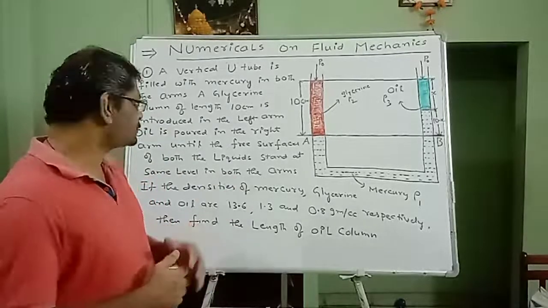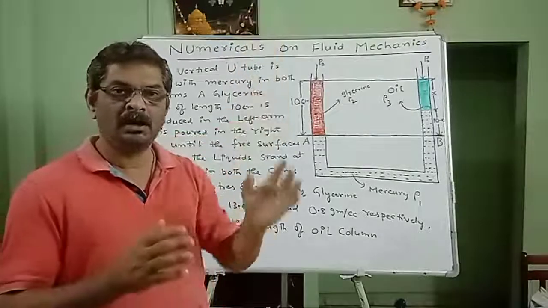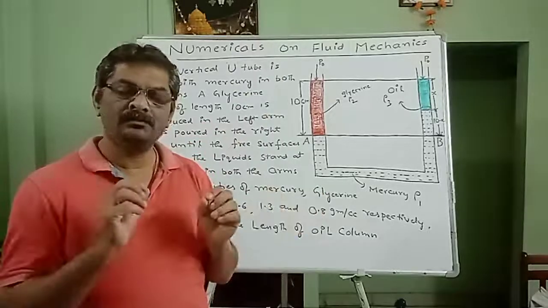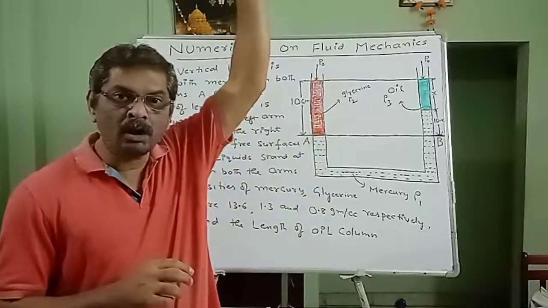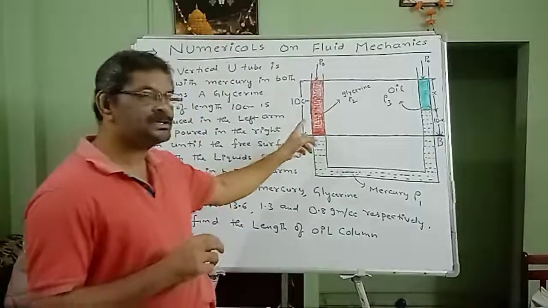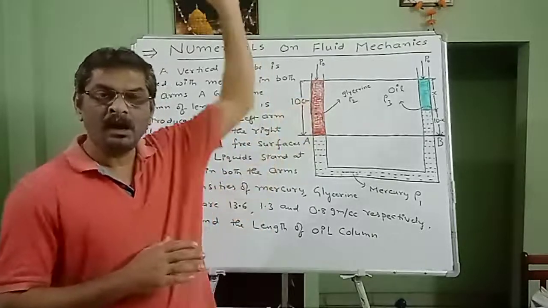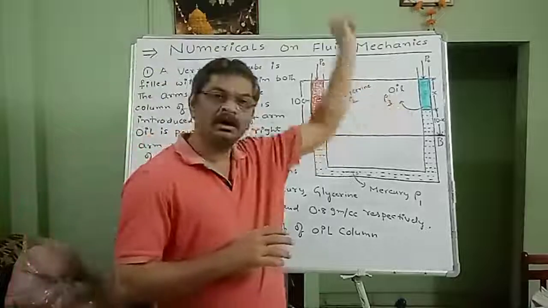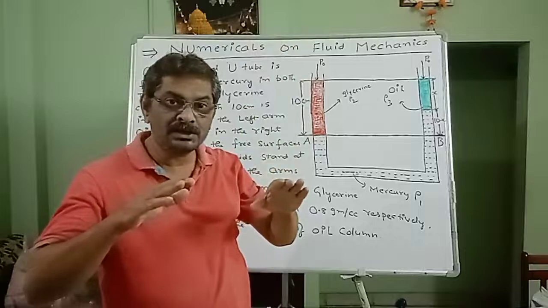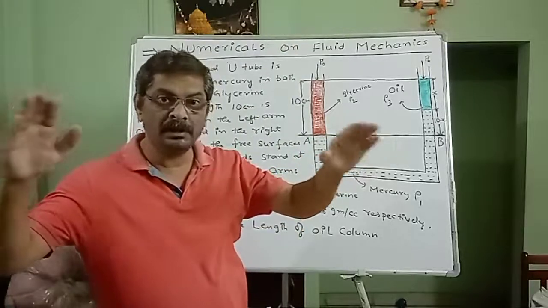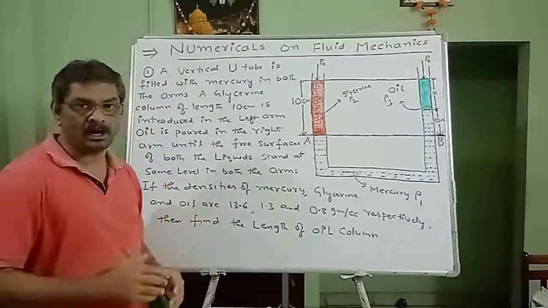The first problem says: a vertical U-tube is filled with mercury in both the arms. A glycerine column of length 10 centimeter is introduced in the left arm and oil is poured in the right arm until the free surfaces of both the liquids are standing at the same level in both the arms.